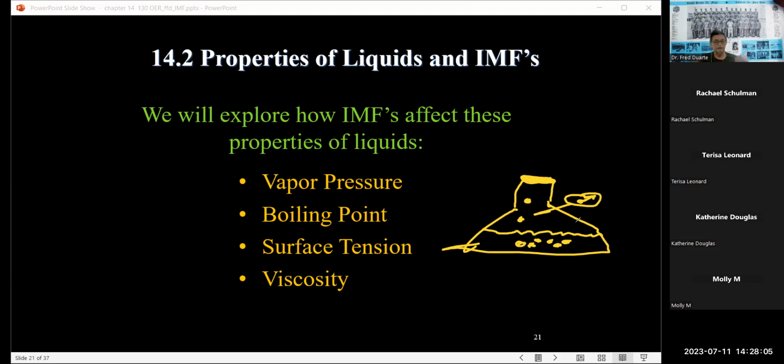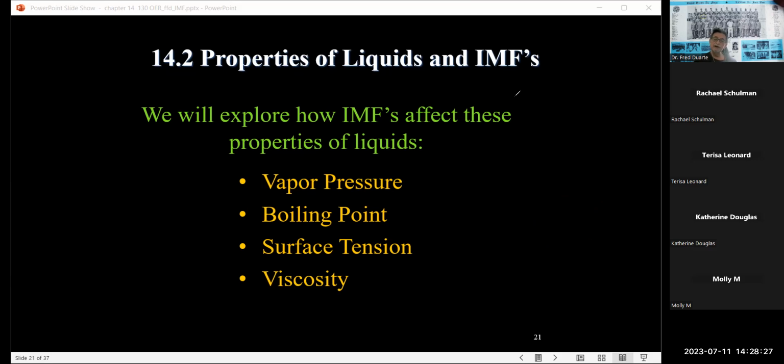If I have an open container of fingernail polish remover and water, the fingernail polish remover will evaporate much quicker than the water, because it doesn't take much energy for the fingernail polish remover to evaporate, because it's very volatile. Okay, which is related again to the intermolecular forces.